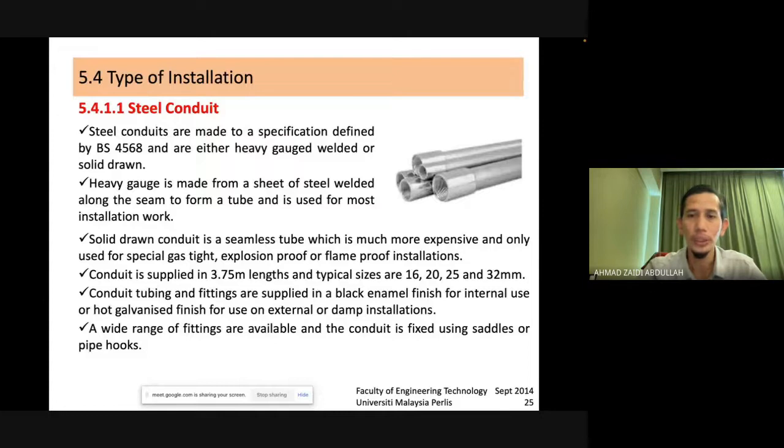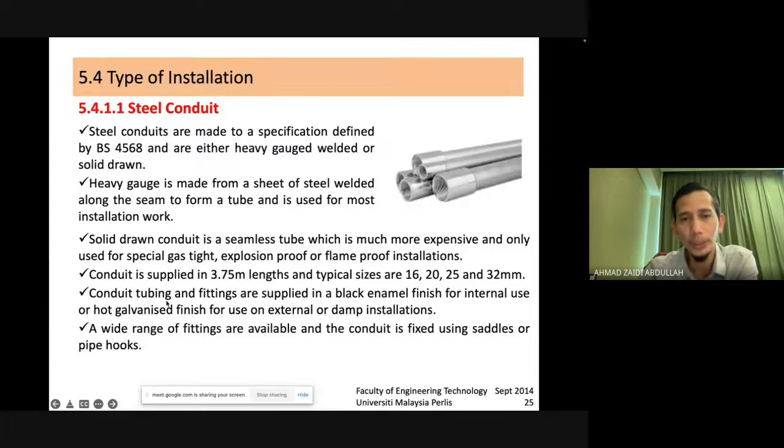And normally it comes with typical sizes available at market, which is 16, 20, 25 and 32 mm only. So if you want to design with a different size, you need to deal with the factory lah. And so that's why we need to design our conduit based on the normal size for our installation design.